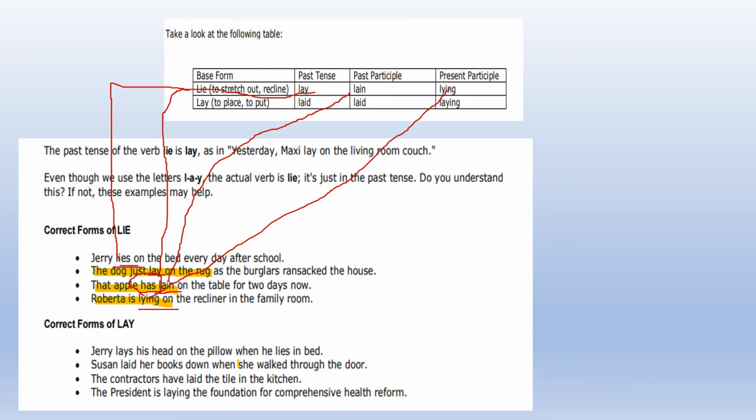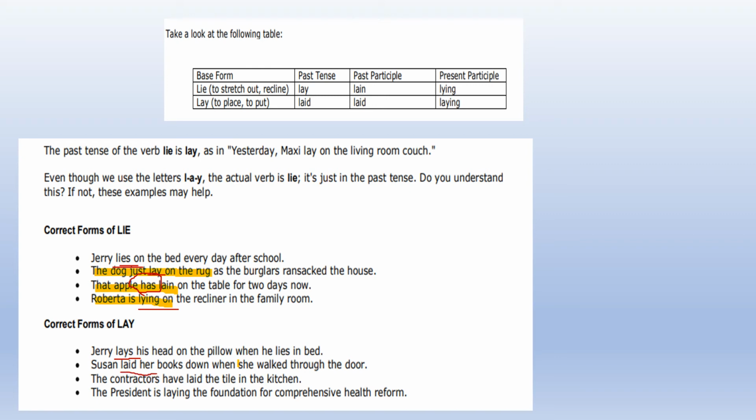Now if you look at example number 2, correct form of lay, we'll just erase all this. Okay. Now Jerry lays his head on the pillow when he lies in the bed. Suzanne laid her books down when she walked through the door.